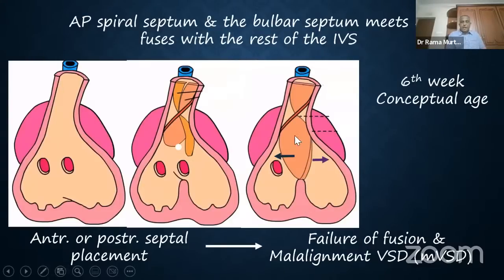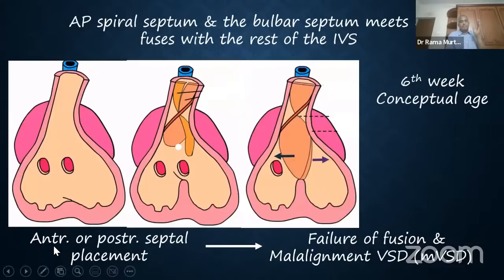If this spiral septum is displaced anteriorly or posteriorly, then you will have the situation where one half of the truncus, which is going to form the pulmonary artery, will be narrow, and the posterior artery will be big if there is an anterior displacement. And I have a slide to explain this.